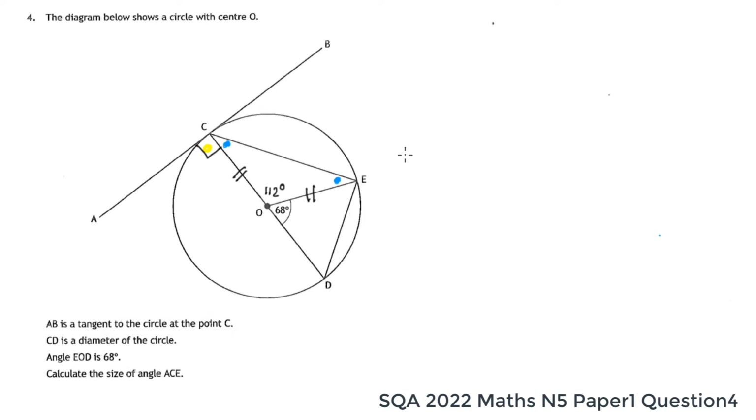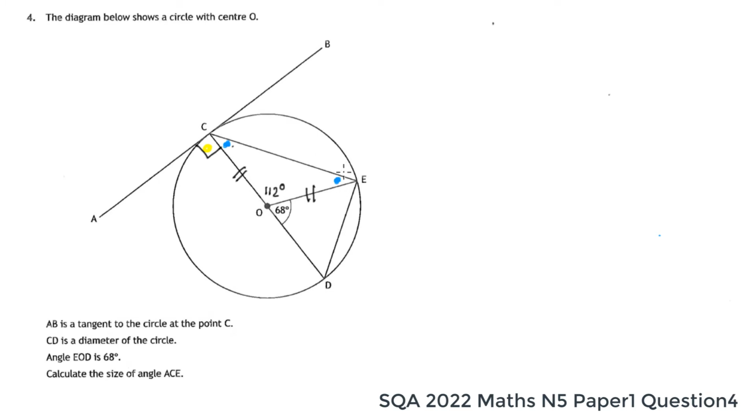Now, the final piece of the puzzle comes from realizing that the three angles in this triangle add up to 180. So we've got 112 degrees plus the two blue angles give us 180. But we already know that 68 degrees added to 112 degrees gives you 180 degrees.